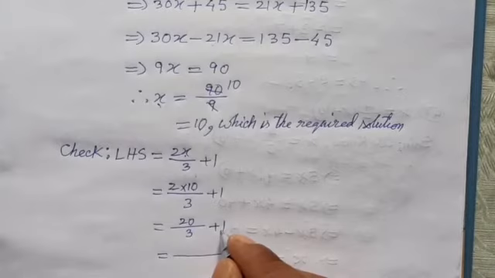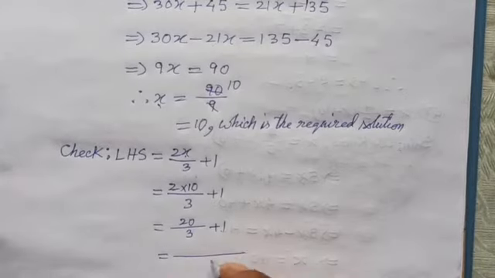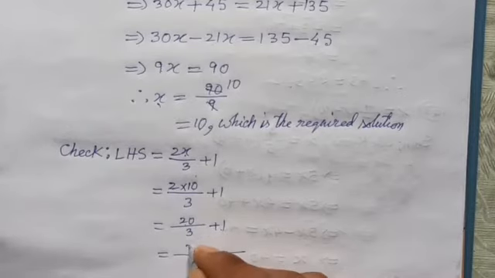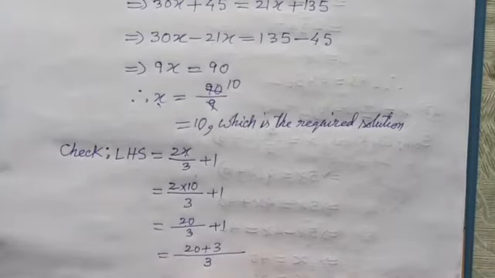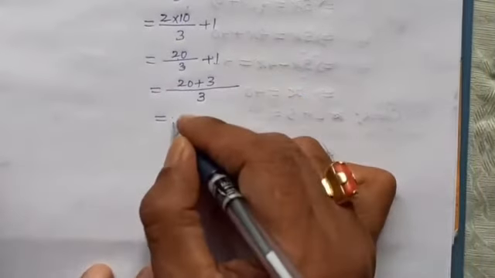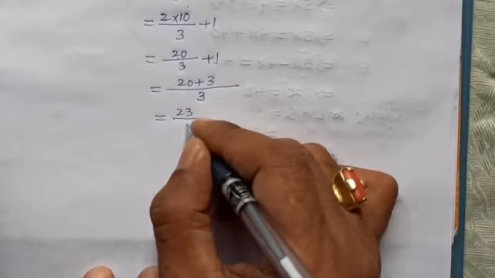Here there is 1 by 1, so for denominators 1 and 3, taking the LCM, we get 3, then 20 plus 3 into 1, which is 3. Then we get 23 by 3.